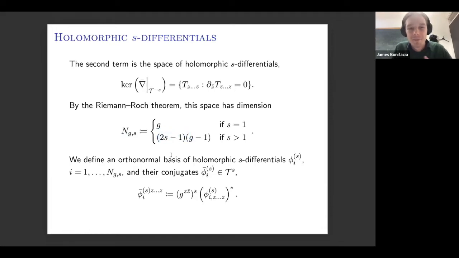We can therefore introduce a finite orthonormal basis of holomorphic s differentials, which I'll call phi_i^(s), where this index i runs over the dimension of this space. And it's also useful to define the conjugates phi bar, which are the associated tensors of positive helicity. So in components, you can write them as the complex conjugate times factors of the inverse metric.